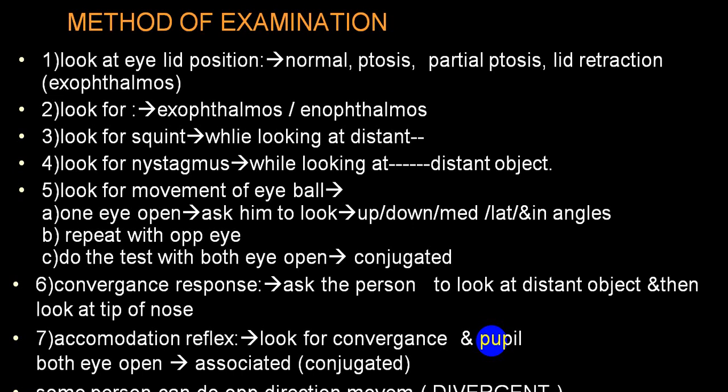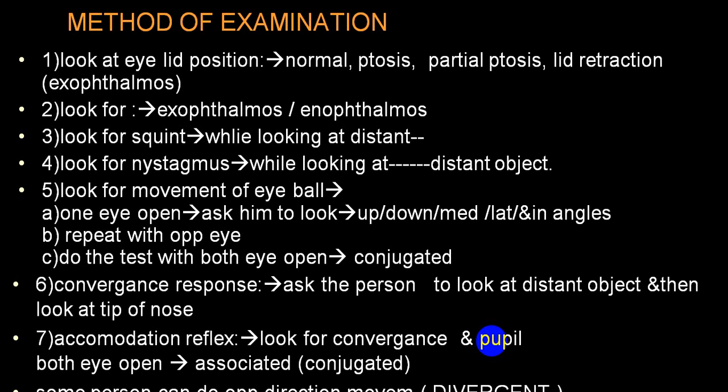If there is any diminished movement of the eyeball, we can notice which muscle is being affected, in which direction. So you ask the person to look up, down, medially, laterally, and in 4 different oblique angles. You repeat the same test in the opposite eye, and then you do the test with both eyes open, that is we call conjugate movement, and then we look for the convergence response, or accommodation response, in which we look at the pupil as well as convergence of both eyes.